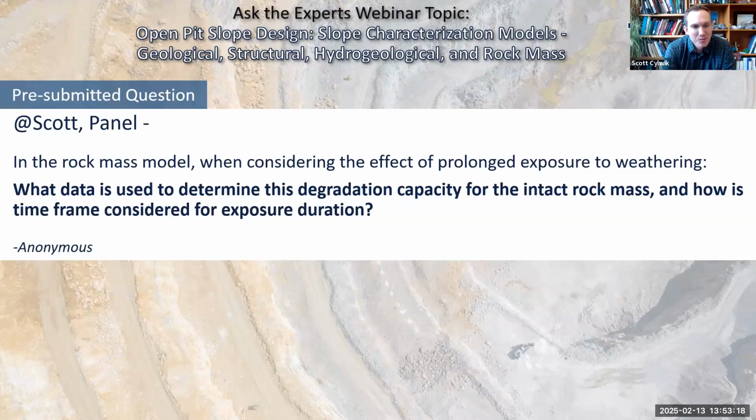In our laboratory, we have done tests where we take samples, expose them to PLS for a certain period of time, usually a week or two, and then do shear strength testing both before and after the PLS exposure. And just like we see in the field, some rock types we found don't have any strength change at all upon exposure to the acid.